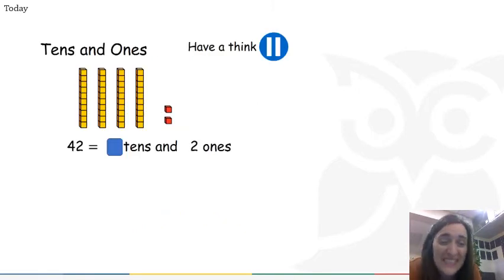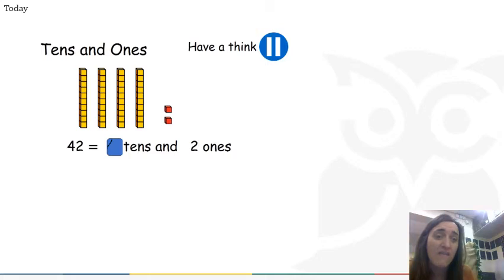What about this number? Wow, it's a big number. 42. How many tens are in 42? Count the tens on the screen.